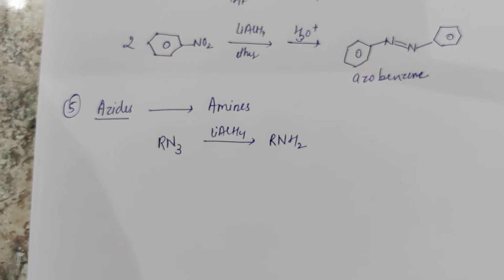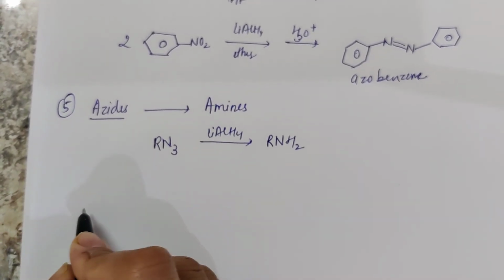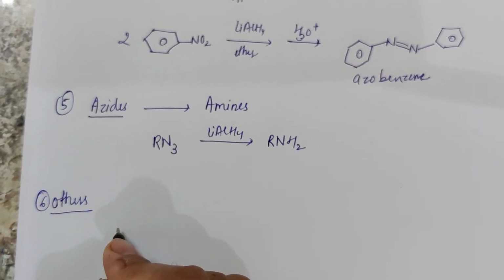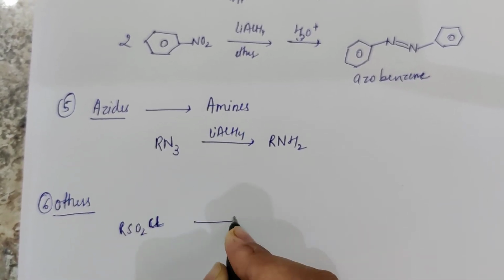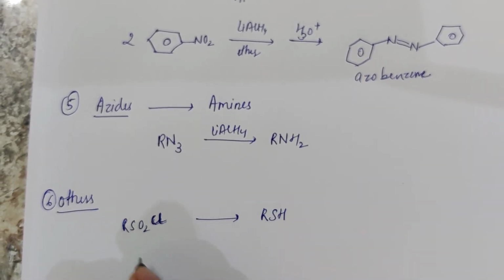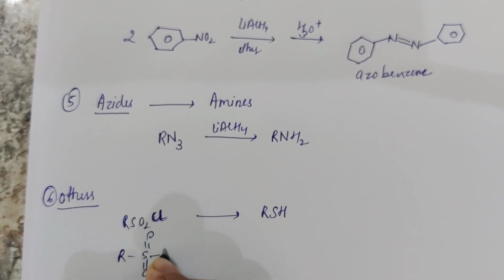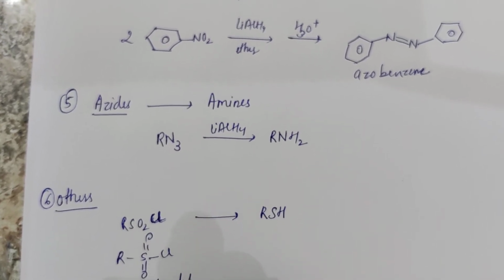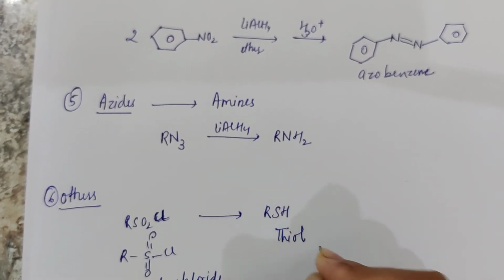If we talk about sulfonyl chloride, it gives us thiol. So the structure is something like this. Sulfonyl chloride forms thiol.